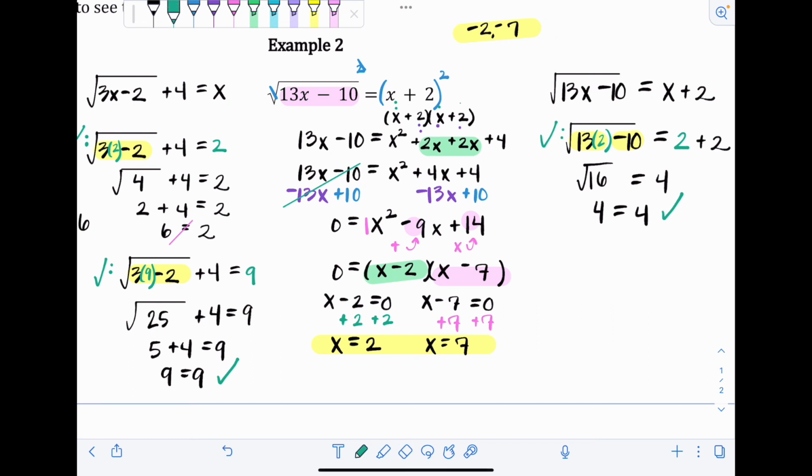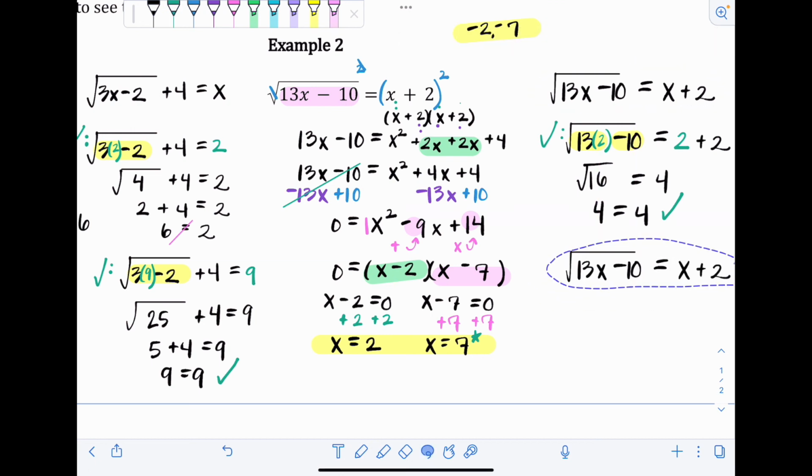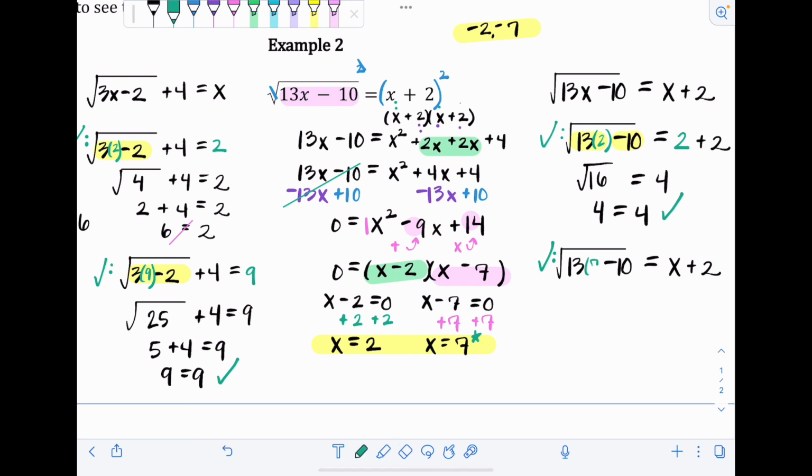And then we'll check x equals 7 next. So I'm going to go ahead and just recopy this down for the second check. If I'm checking x equals 7, I'll take out my x's and replace them with 7's. And then 13 times 7, I don't know exactly what that is.